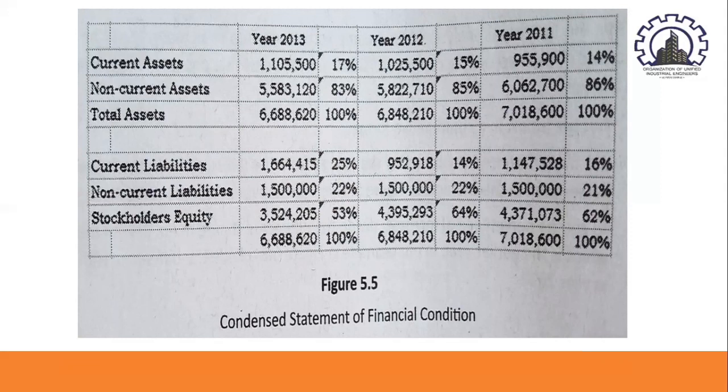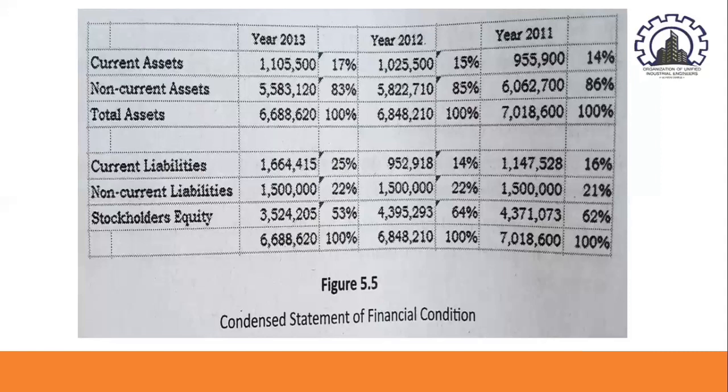So in computing the percentages, we need to divide the figures with the total assets. For example, in year 2013, current assets of 1,105,500 divided by the total assets of 6,688,620, and the result is 17%.